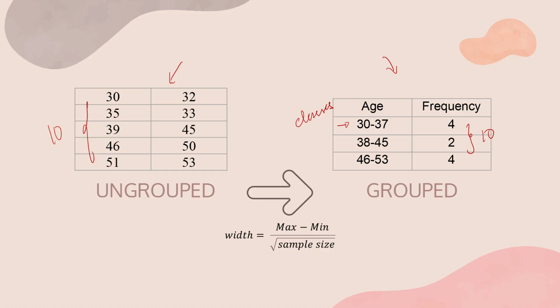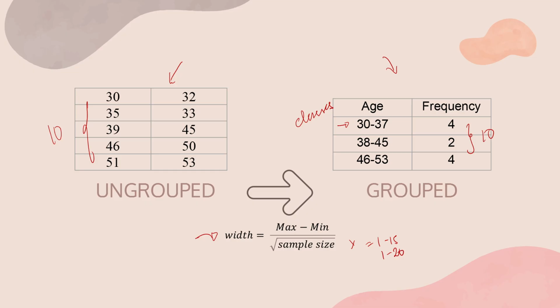Okay? And for us to be able to establish the classes, we use the following formula as you see below. So, quick disclaimer, this is not the only formula that we can use for class width. Sometimes our sample size can be replaced with a random number, let's call it x, from 1 to 15, sometimes 1 to 20.